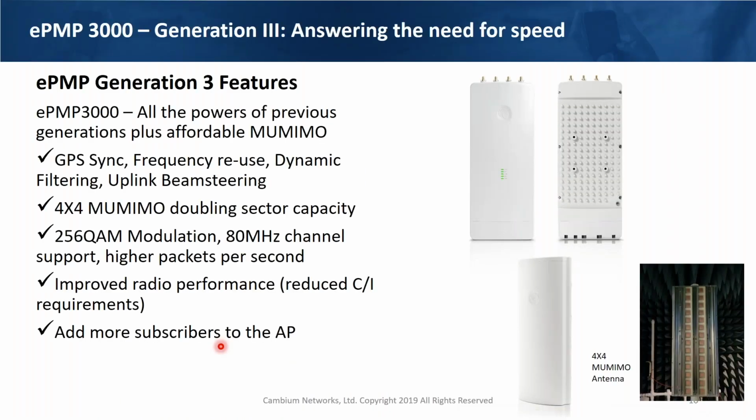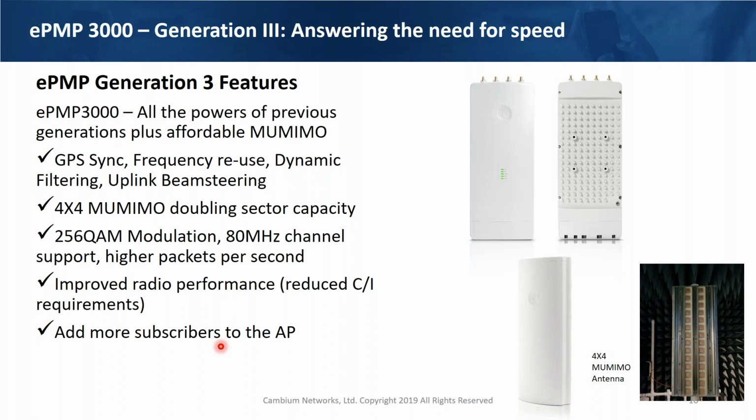Okay, I put this slide in order to capture, in summary, all the features of the ePMP 3000. Like we've mentioned before, it's a multi-user MIMO system. We have retained our GPS sync, which allows you to reuse your frequency. As you know, the 5 gigahertz spectrum is very congested, and especially if anybody attending today has bought a license from NCC on the 5 gigahertz spectrum, they assign slices of bandwidth of 30 megahertz and 25 megahertz for nationwide deployment.